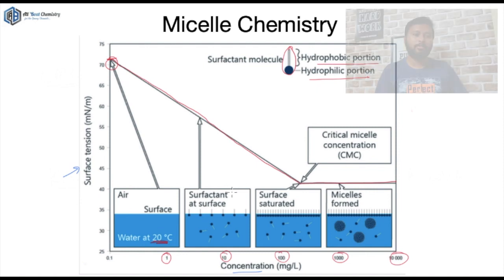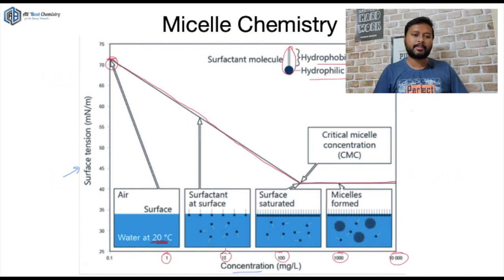When you increase it, some of the surface molecules which were earlier occupied by water are now occupied by the surfactant. The water molecules on the surface are replaced by the ions of the surfactant, so the surface tension will decrease.